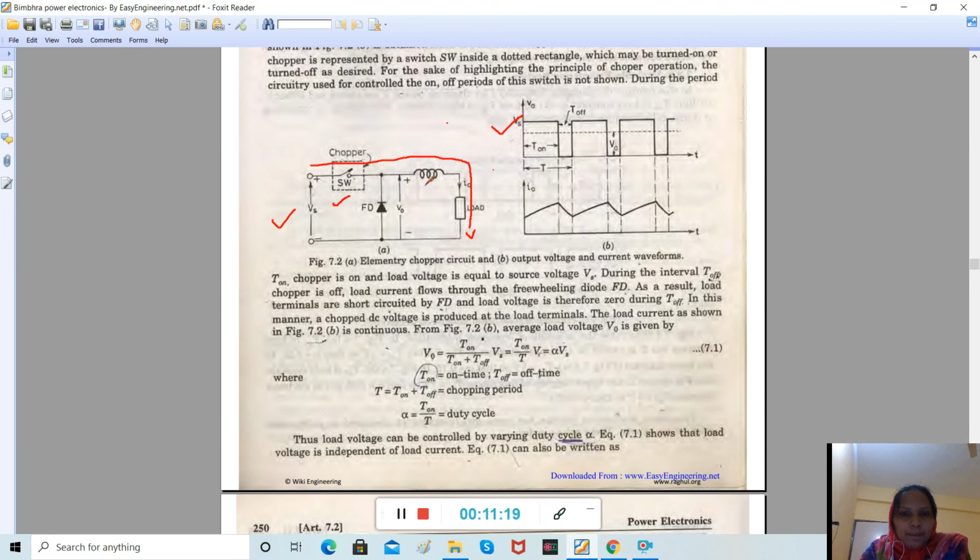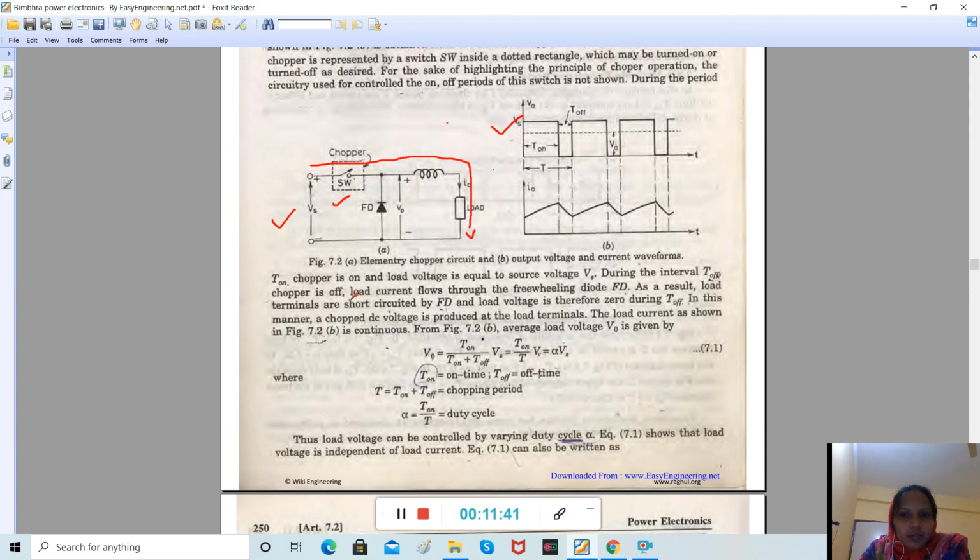When this energy circulates through the freewheeling diode, the voltage across the load is zero, because it forms a short circuit path when the diode is on. That's why the voltage across this load is zero during T off.